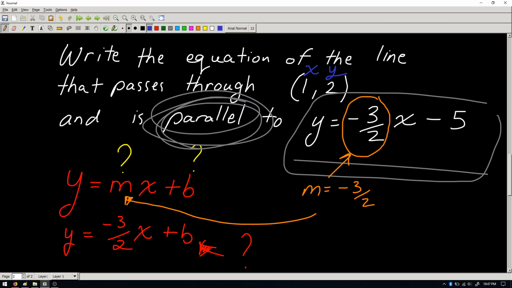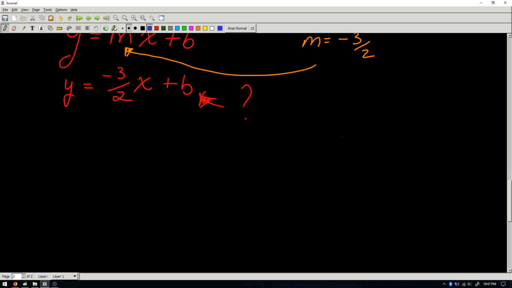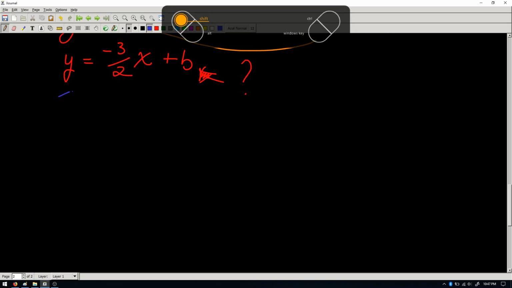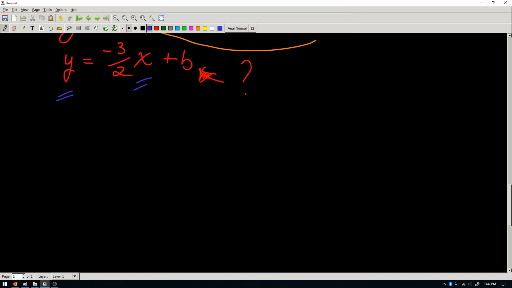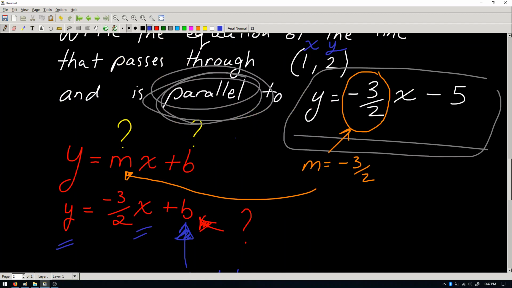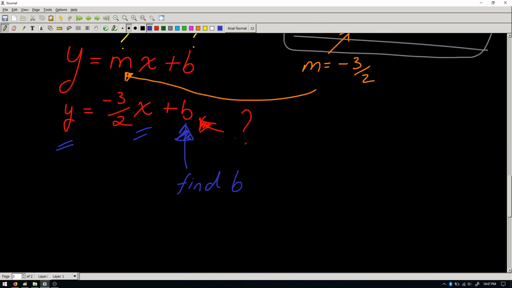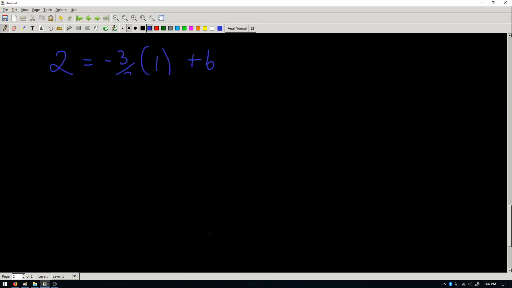So what I'm going to do is plug in y and x, and I'll only have one letter to solve for, and I can find the y-intercept. What's x and what's y? Well, x is 1 and y is 2. So if I plug in that information and try to solve for the y-intercept, I will get the following.